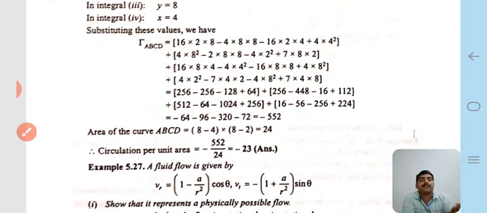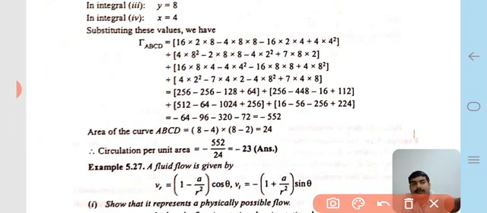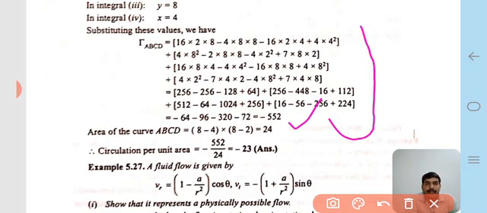Putting all the values in the above equations and solving all the components, the value of the contour integral is minus 552, and the area of the curve ABCD is equal to (8 minus 4) into (8 minus 2), that is 24.